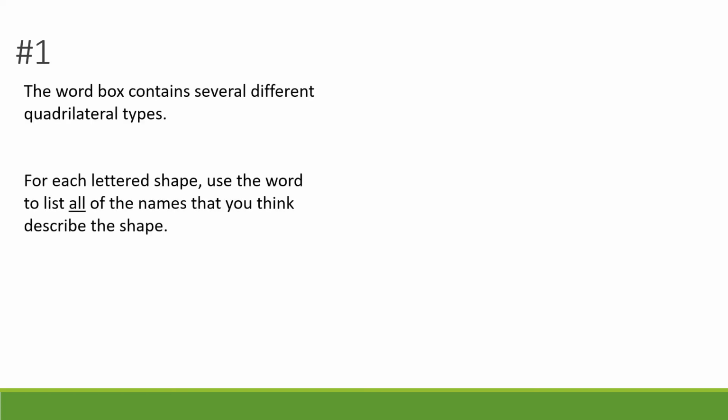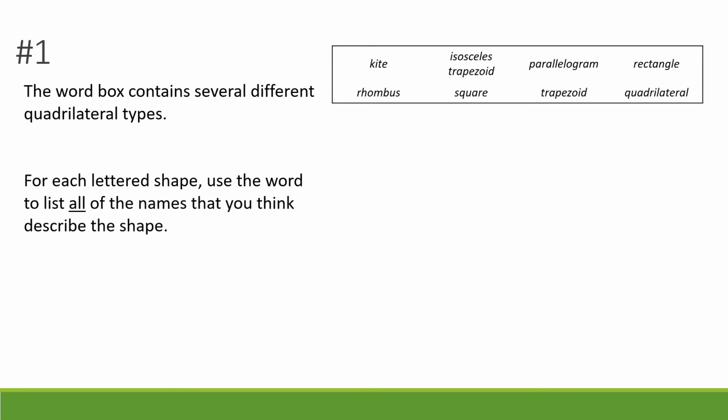So with the textbook definitions as a reference, let's take a look at this problem here. I'm given a word box that contains several different quadrilateral types. And for each lettered shape that I'll give you, use the word box to list all of the names that you think describe the shape.